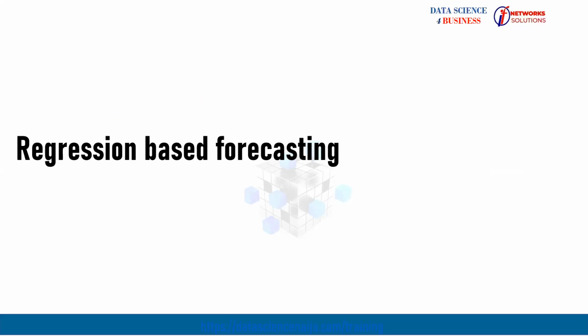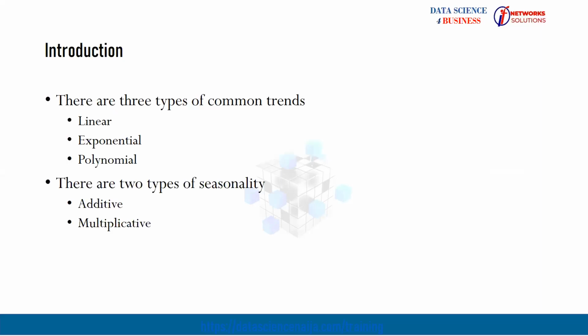So for the predictive modeling, let's just talk about the simplest regression-based forecasting, and there are several other ways of using this particular regression-based forecasting. There are three common trends. We have the linear trend, we have the exponential trend, and we have the polynomial trend.